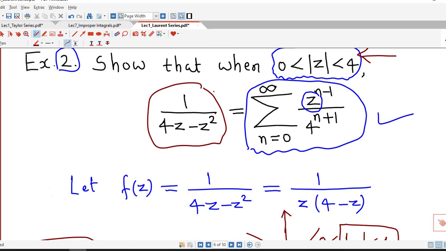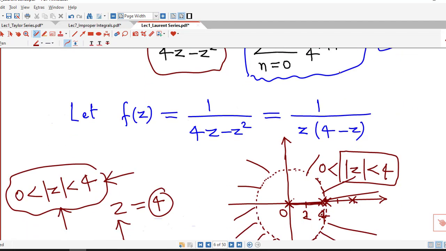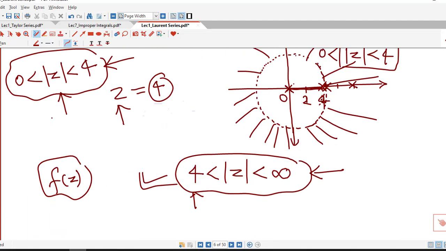Here we are not going to find the Laurent series in both the domains, because here we are asked to find it in this domain only. But sometimes they ask questions like this, find different Laurent series expansions of the given function.